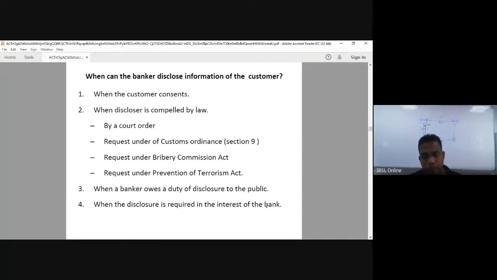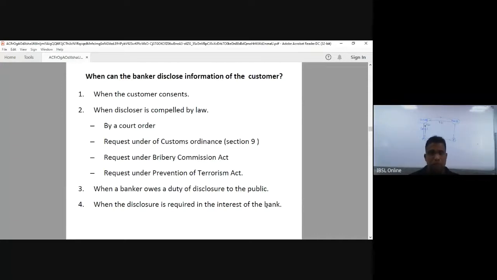So under those circumstances, the bank can divulge that information to the law enforcement authority, not to a third party, not to somebody who is not relevant. Then the law enforcement authority will take necessary action with regard to that money in the account.